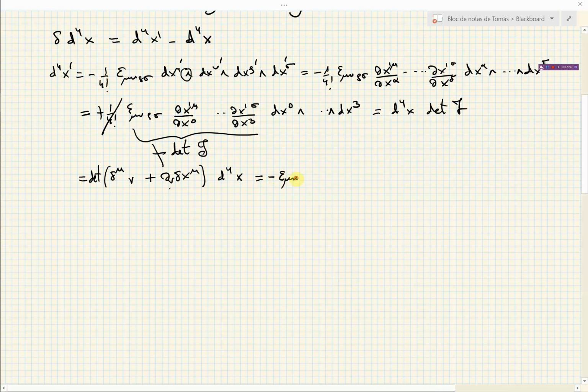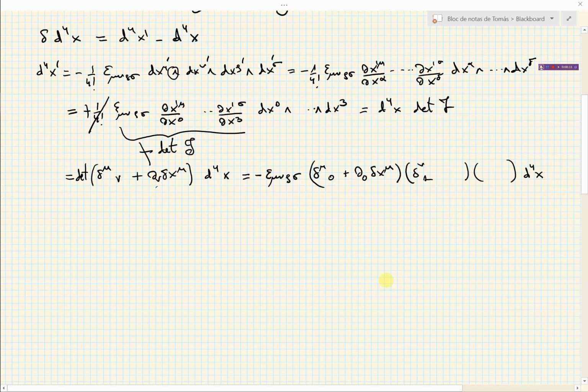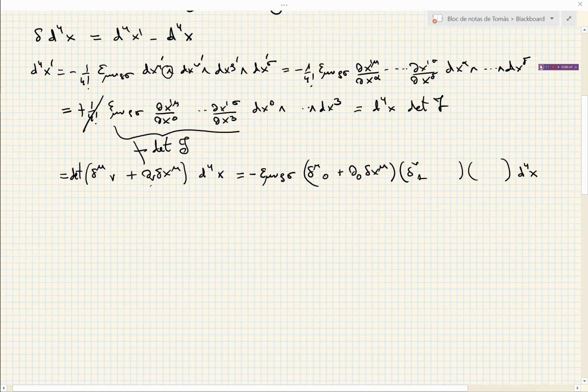minus epsilon mu nu rho sigma, and then we would have delta^mu_0 plus d_0 delta x^mu, and the same with delta^nu_1 and so on, for a term like this, and d^4x.